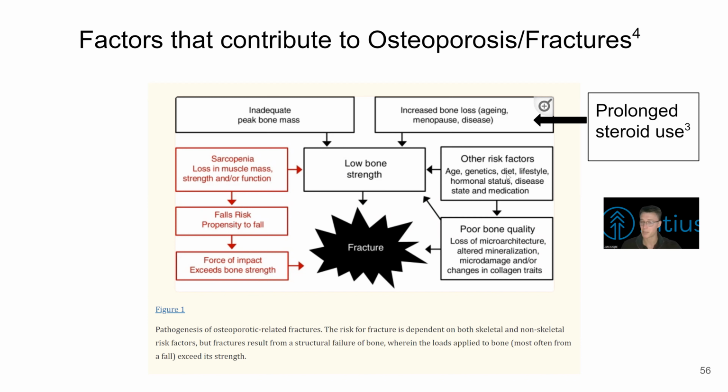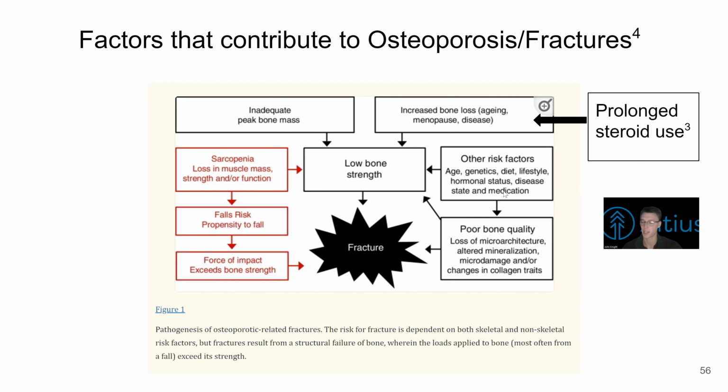Genetics, and diet plays a really important role too, right? Am I getting enough minerals like calcium and potassium in my diet to support my skeletal system? Lifestyle is really important. If I'm an active individual and I'm moving around a lot, say I do some exercise too, that can improve my bone strength. Hormonal status, we'll talk a little bit about this with menopause. That will impact your bone strength.